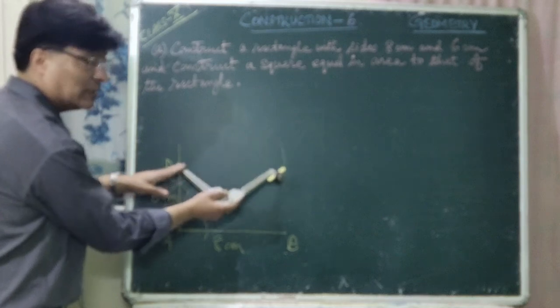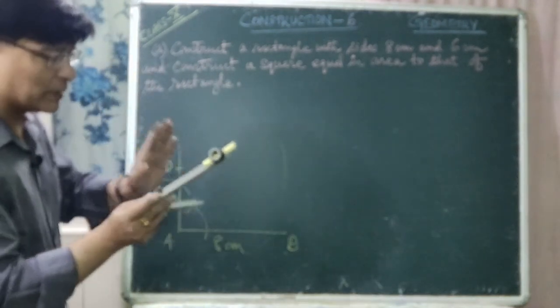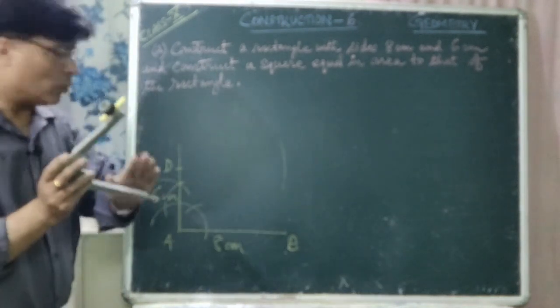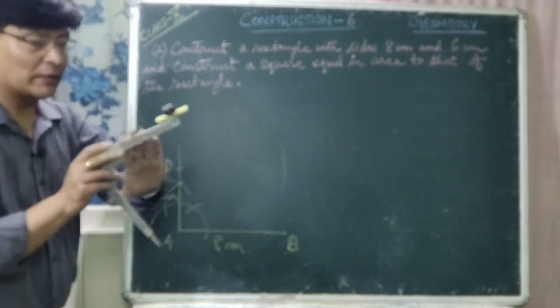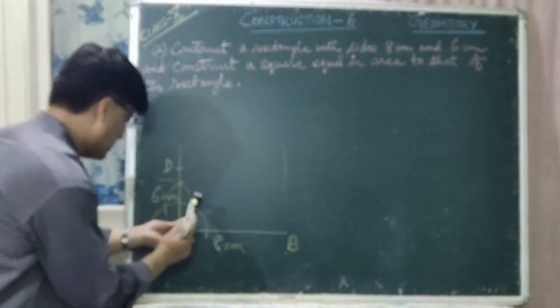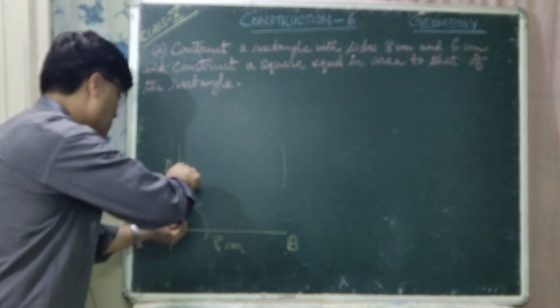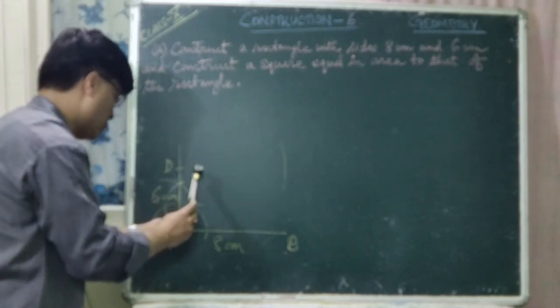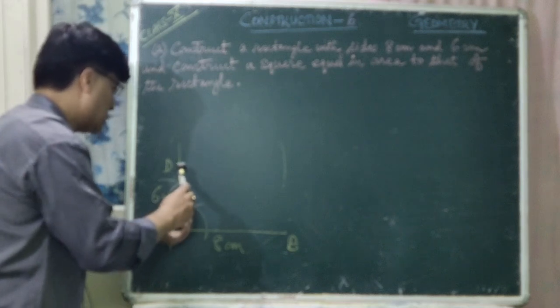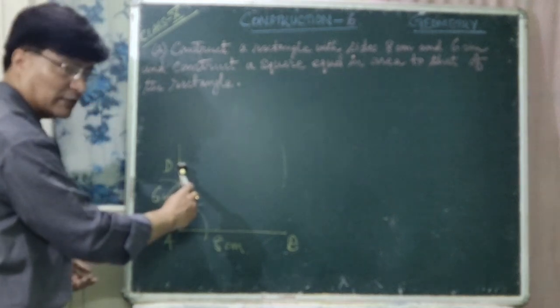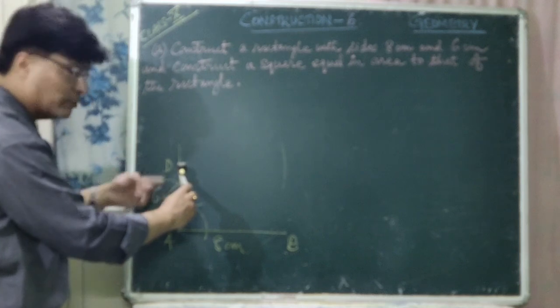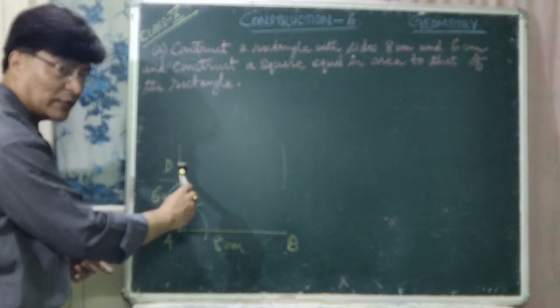Now again, this is of what centimeter? 8 centimeter. Now measure the length 6 centimeter. I think you know how to measure this length 6 centimeter with the help of compass.